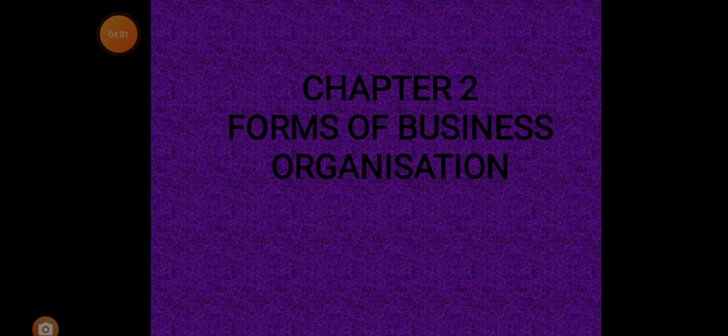Let us move on to the second chapter, forms of business organization. Under forms of business organization, there are 5 heads: sole proprietorship, Hindu undivided family, partnership firm, joint stock company and cooperative society.